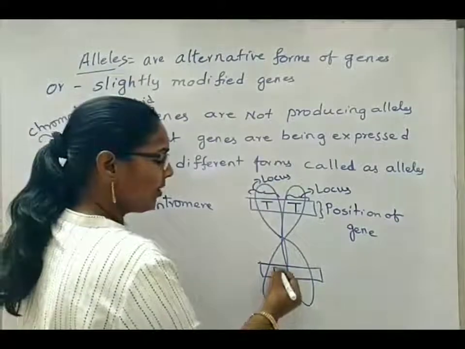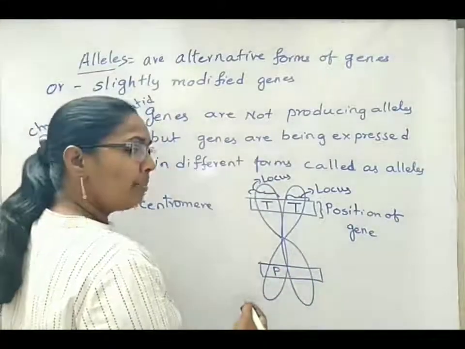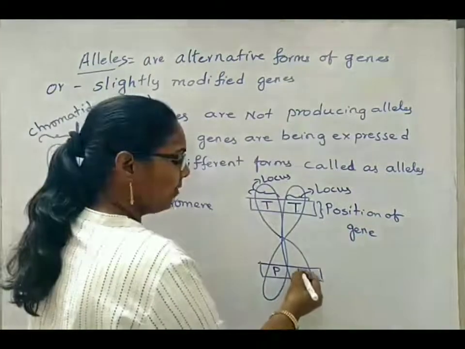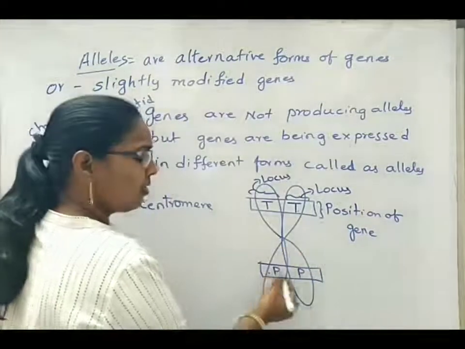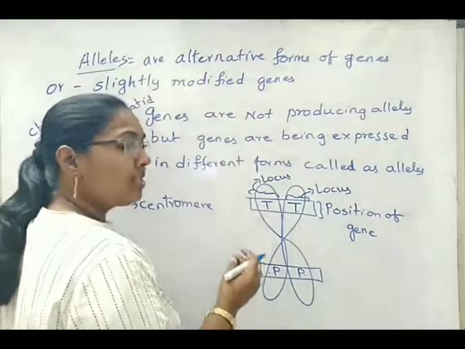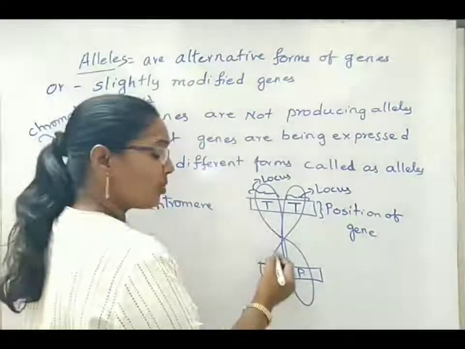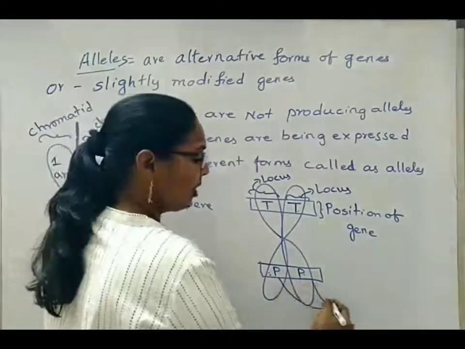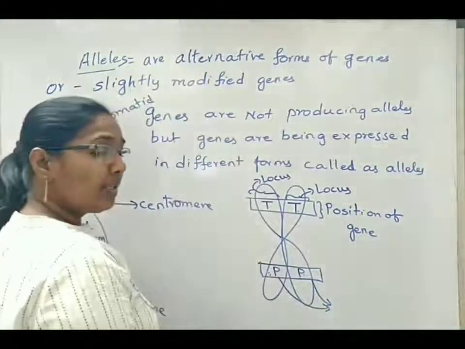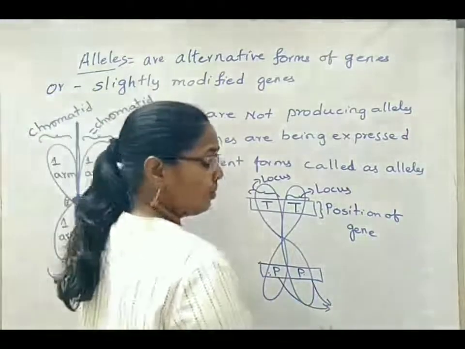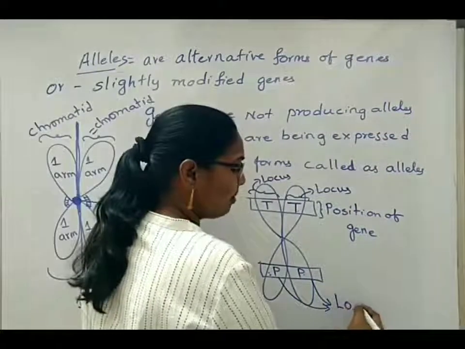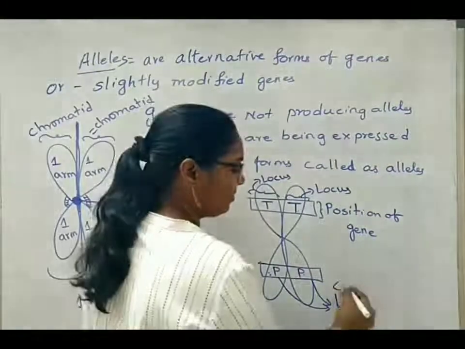For suppose if it is giving purple color to the flower, then we can write like this. Means this is one locus, this is one locus. Locus is a singular term, but there are two locus. So when we are writing about the plural form of the position of the alleles in a chromosome, then these both combinedly are called as loci.